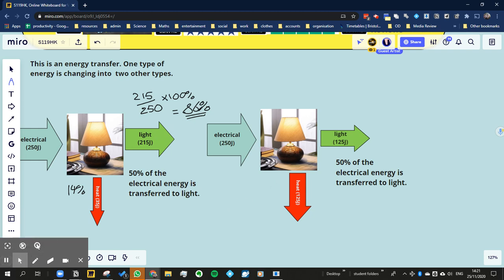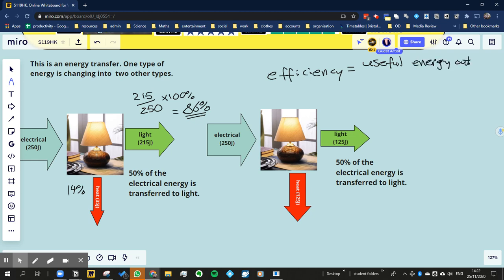What this is called is efficiency. Efficiency is how well it does something. And the sum that I did here is exactly what I've just done there. So efficiency is equal to the useful energy out divided by the total energy in.